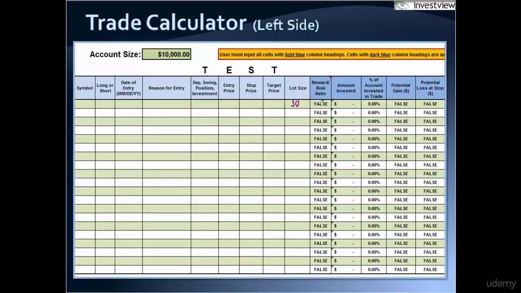Your reward to risk is the same, but now you only have 20% of your account invested. That's good. Your potential gain is now $250 instead of $500. You're only risking $100 instead of $200. So you cut your reward down, but you cut your risk down by cutting down your position size.